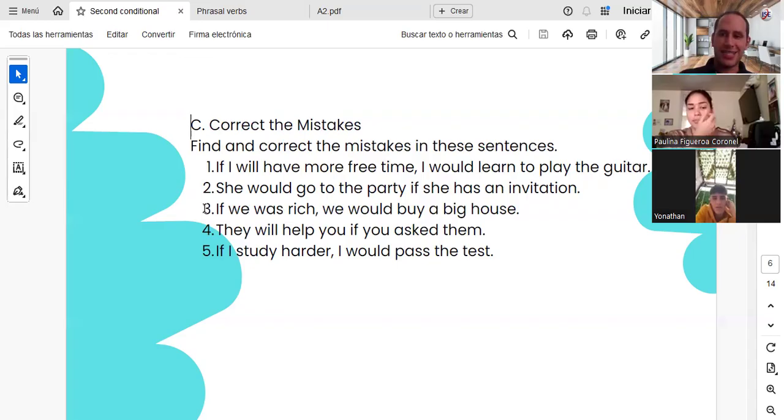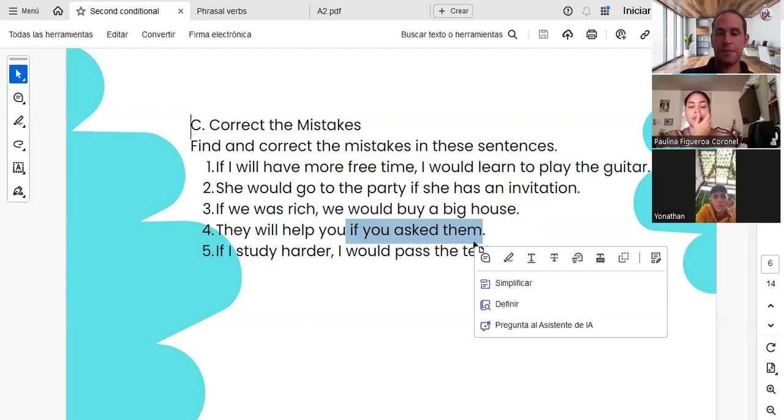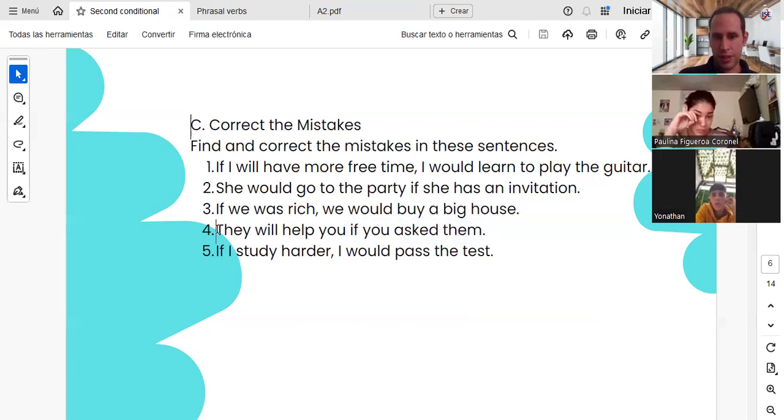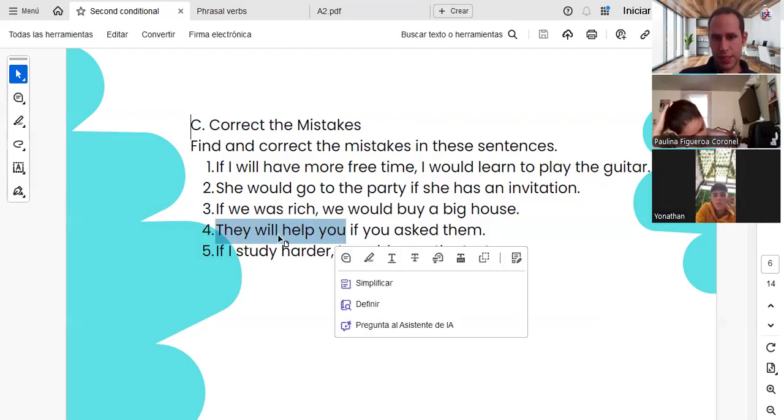Okay, let's analyze these sentences. Again, this is the if clause, right? The order is changed. So in this case, the verb is in past simple, which is correct. The mistake is here, in this part. So in the main clause, what do we use?